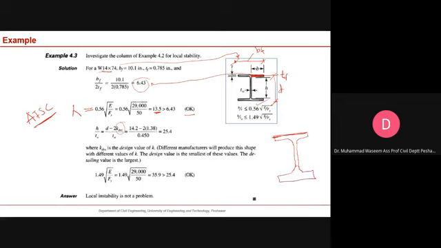So this is that curvature. This H is from here to here, the straight portion. Here K design is the design value of K, which differs by manufacturer. So who will give you this value? The manufacturer of sections.